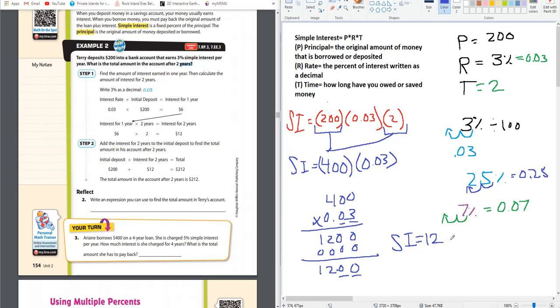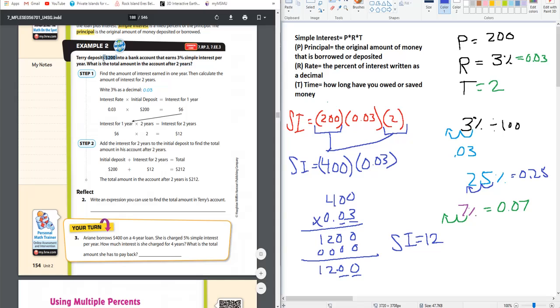Now, careful with this next part. You have just solved for the interest. That means that this is the amount that is being added on to your account. Originally, there were $200. The interest is what you add onto it.